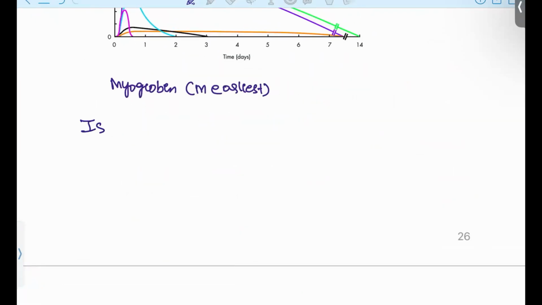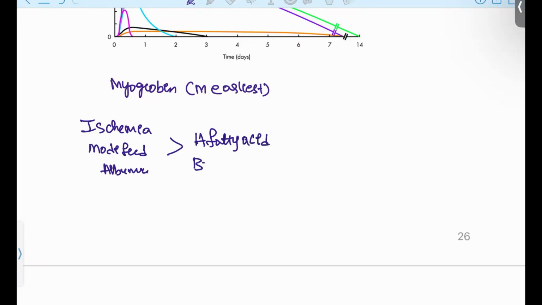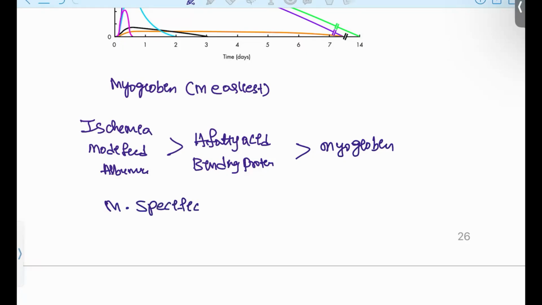So the first one will be ischemia modified albumin, followed by heart fatty acid binding protein, followed by your myoglobin. And the most sensitive or the most specific, that is your troponin. Why is this most specific?